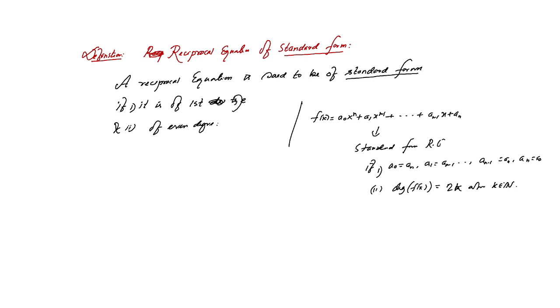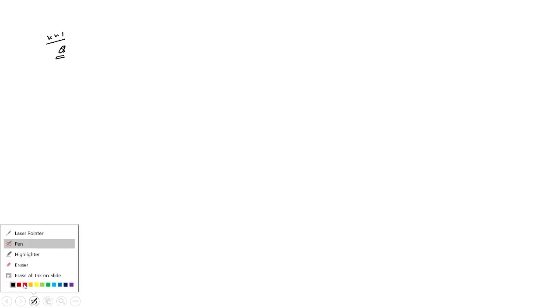The problem is: prove that the equation (x plus 1) to the power 4 equals a multiple of (x to the power 4 plus 1) is a reciprocal equation.